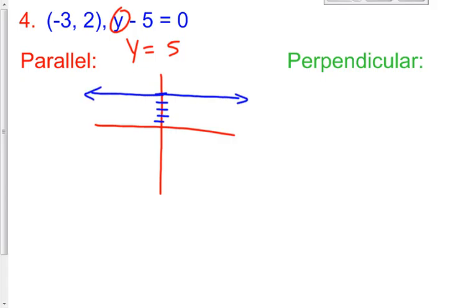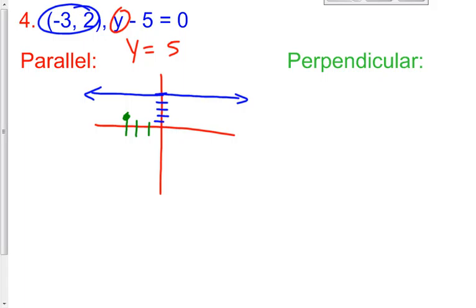So class, they want a line that is parallel to this one that goes through a negative 3 and a positive 2. Negative 1, 2, 3, positive 2. They want a parallel line that goes through this one. Well, what's a parallel line going to be to a horizontal line? It's going to be horizontal. Oopsie, that was terrible.